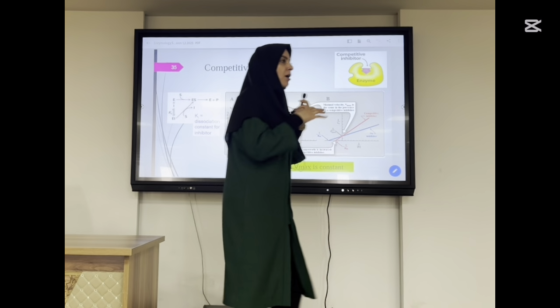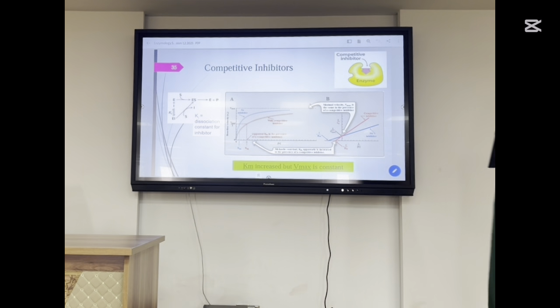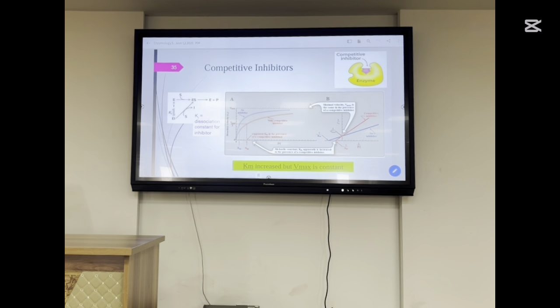What do you think about competitive? That means the drug can't work anymore. Yes. It takes inside the enzyme or something like that. Yes, yes. So what does that mean? The enzyme can't work anymore. Yes, and what about the binding site of the inhibitor and substrate? Is it the same or different? Same.